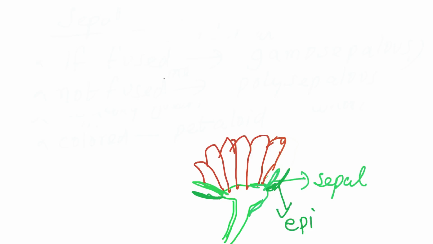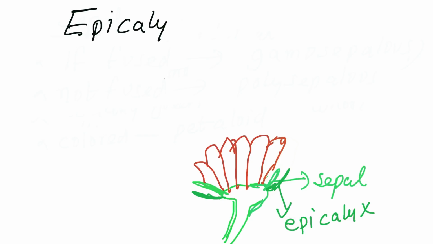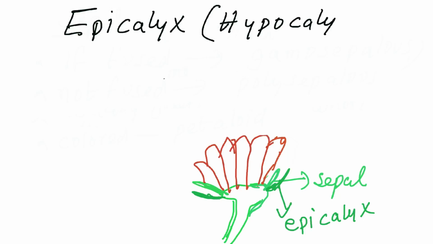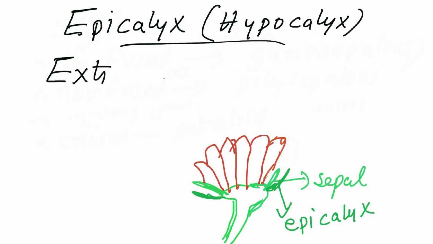Now, there's a very important case where there could be a development outside of the sepal, and it's what is called Epicalyx or the Hypocalyx. So it's basically a kind of development which is outwards of the sepal, an extra series of green sepal-like floral organs.